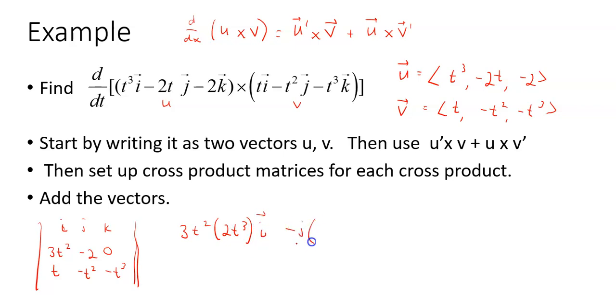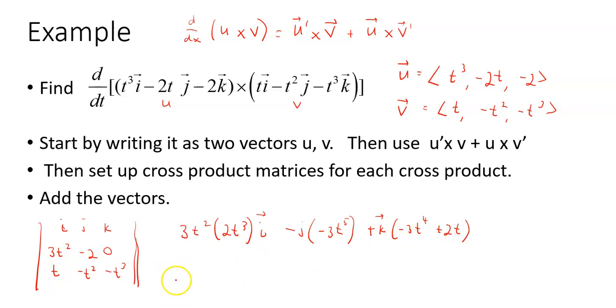Now minus j times what? 3t to the 5th with a negative, so negative 3t to the 5th. And then k, that one actually has 2 parts. So negative 3t to the 4th, and then minus a negative 2t, so plus 2t.